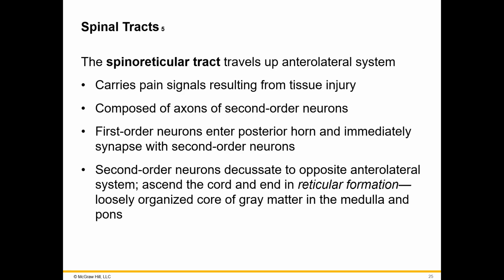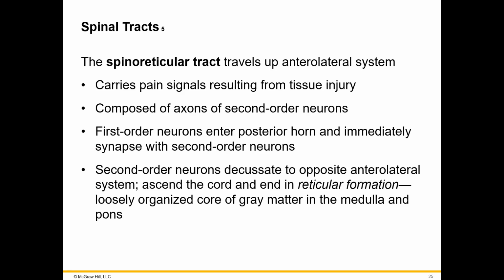So from the name, spinothalamic is spine and thalamus, spinoreticular is spine and the reticular formation. It carries pain signals resulting from tissue injury, so that region is only activated when there's nerve injury. It is composed of axons of second order neurons.